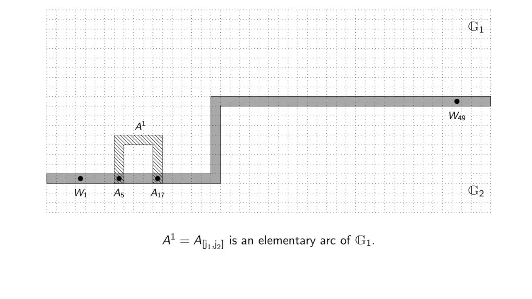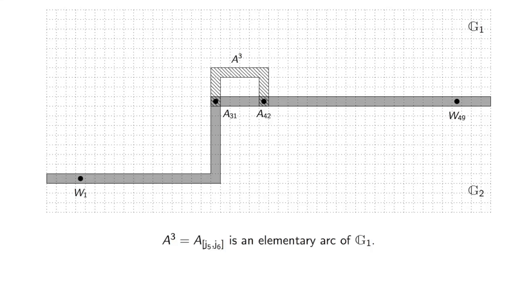Consider the segment of A from index J1 to index J2. This segment is an elementary arc of G1 called A1. Consider the segment of A from index J3 to index J4. This segment is an elementary arc of G1 called A2. Consider the segment of A from index J5 to index J6.